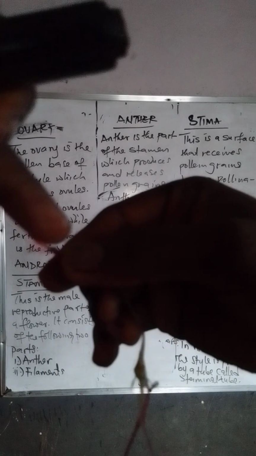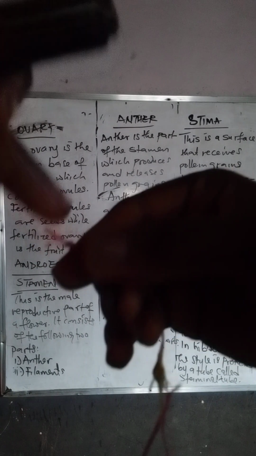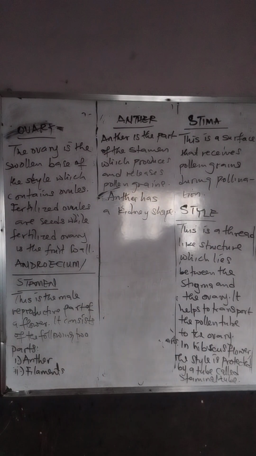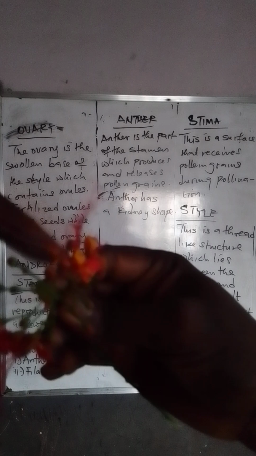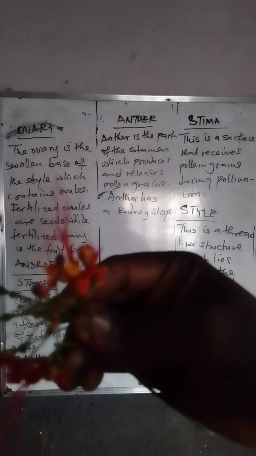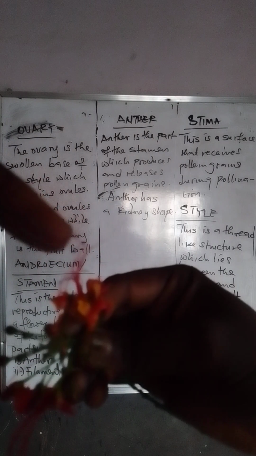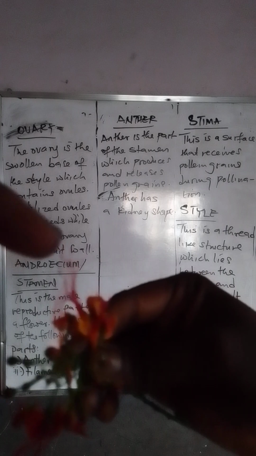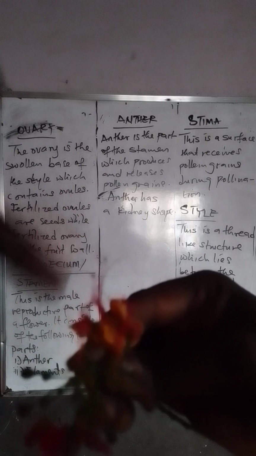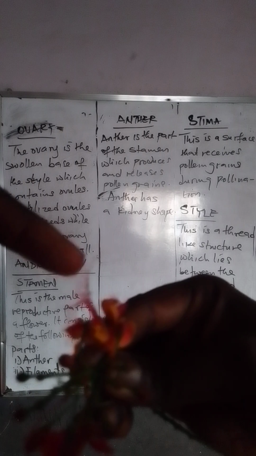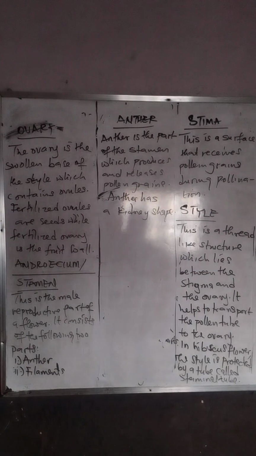While the thread that joins the anther to the flower are the filaments. So you look at it here, all these things that come out like thread, only one of them does not have a swollen head. The one that does not have a swollen head is the stigma. While all these ones with swollen head, the swollen head is what? The anther. While the thread that joins the swollen end to the flower are the filaments.